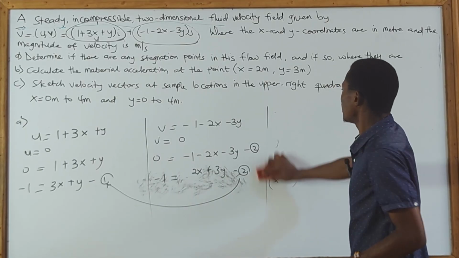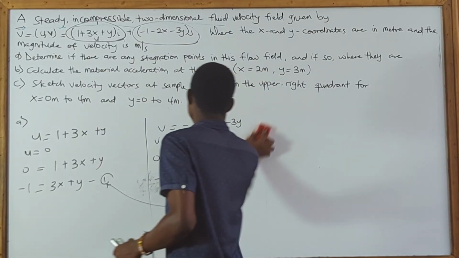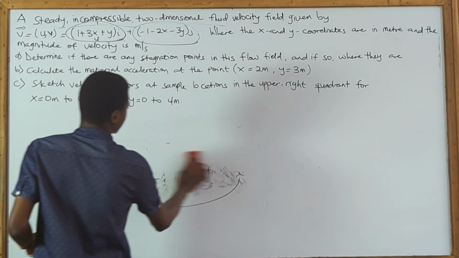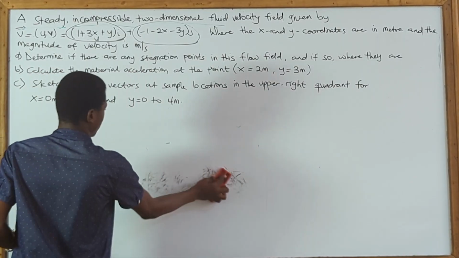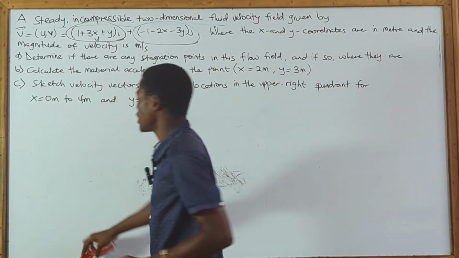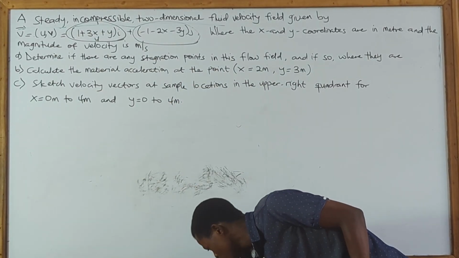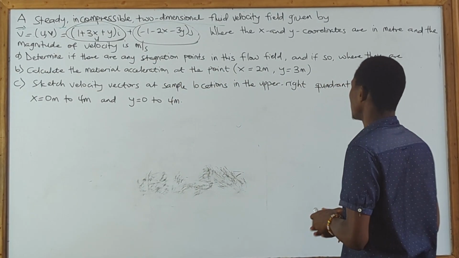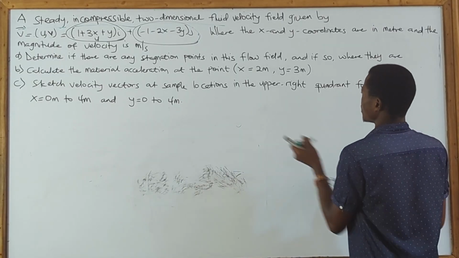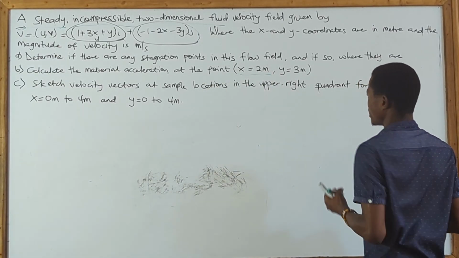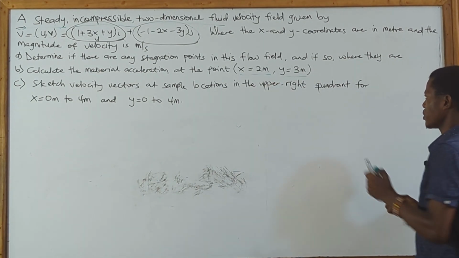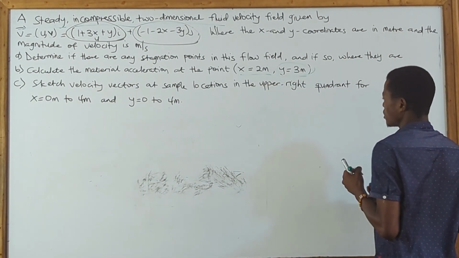Let's move on to the next one, which is our material acceleration. We are supposed to find the material acceleration at the point x equals 2 meters and y equals 3 meters.